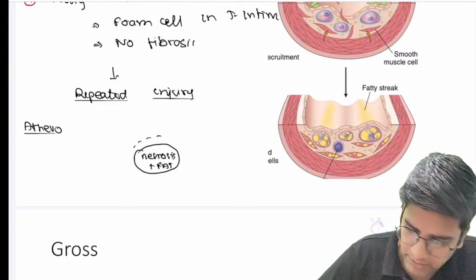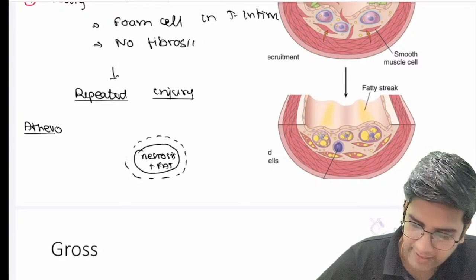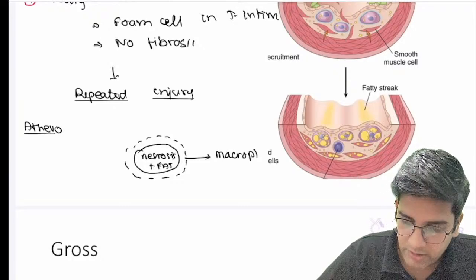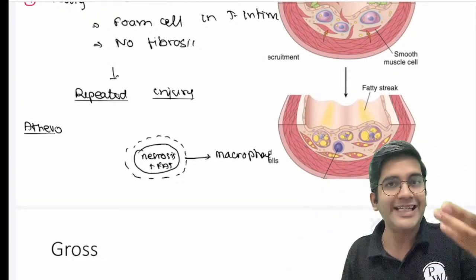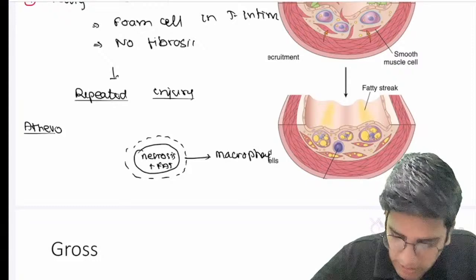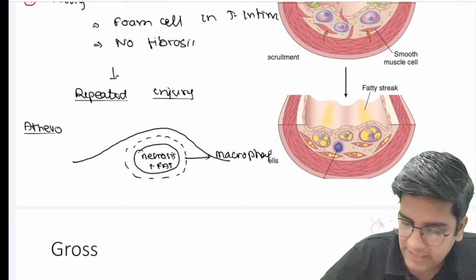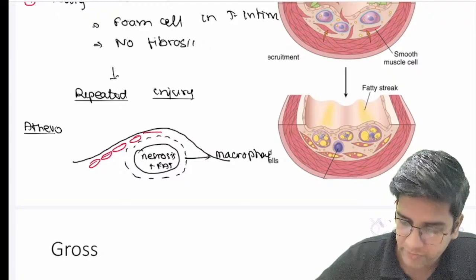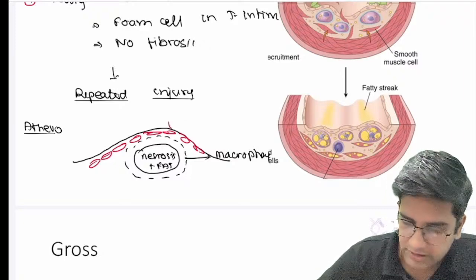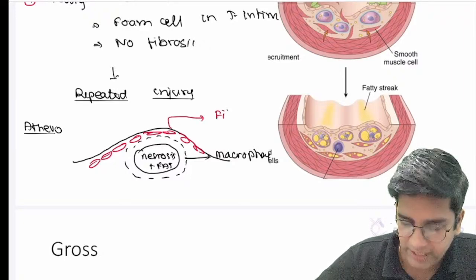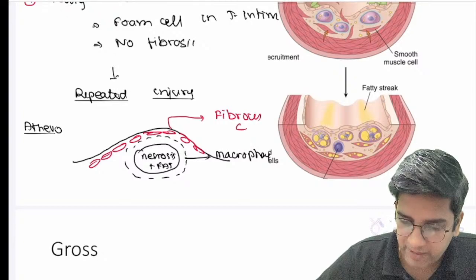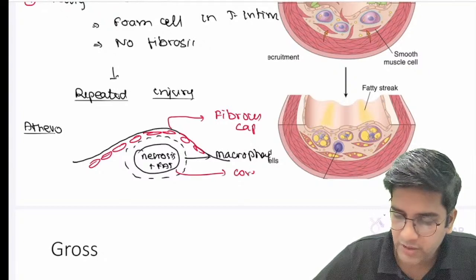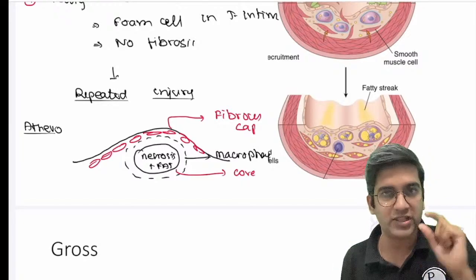In the surroundings, you'll have a little bit of inflammatory cells, your macrophages, and above that, it's a healing tissue, right? It's a chronic inflammation healing tissue. Above that, you'll have the healing scar tissue. If it's possible, draw it like an elongated spindle-shaped structure, just mentioning it's a fibrous cap, right? So you have a fibrous cap, a central necrotic core, and surrounding macrophages here and there. This is what causes atheroma, right?